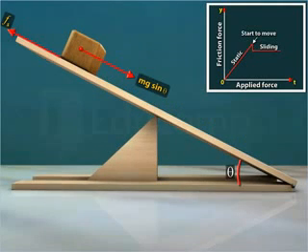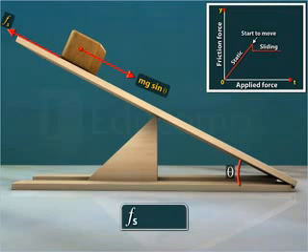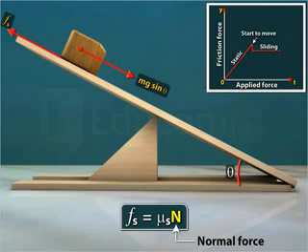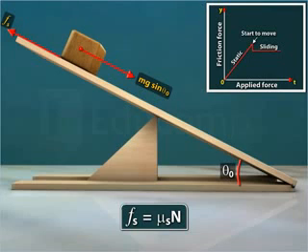This value is given by Fs equals mu s N, where mu s is the coefficient of static friction and N is the normal force. In this example, let theta 0 be the maximum inclination for which the block is stationary.